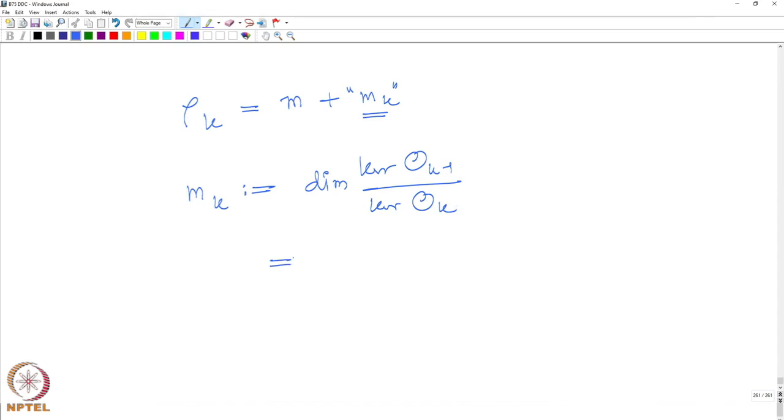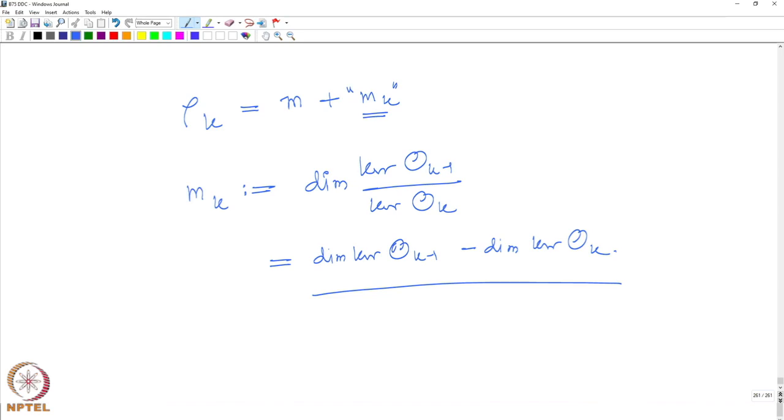And once again, by the law of quotients, this is equal to dimension of kernel of O k minus 1 minus dimension of kernel of O k. This difference is M k.